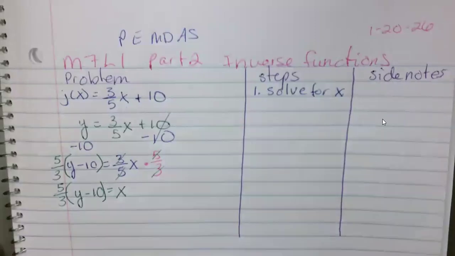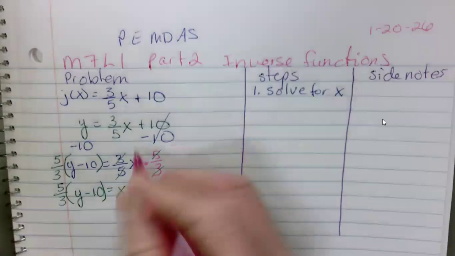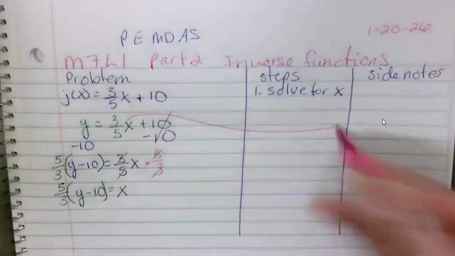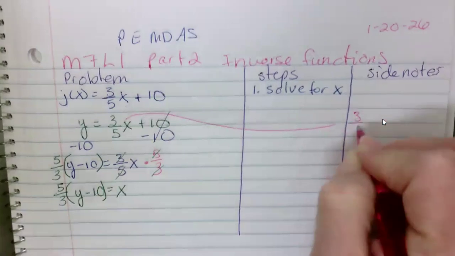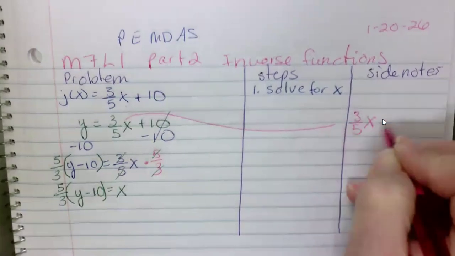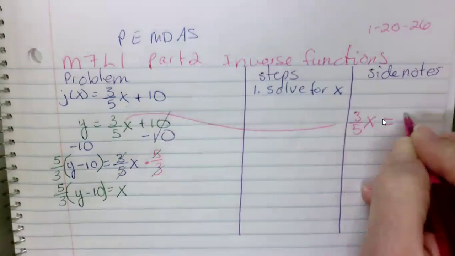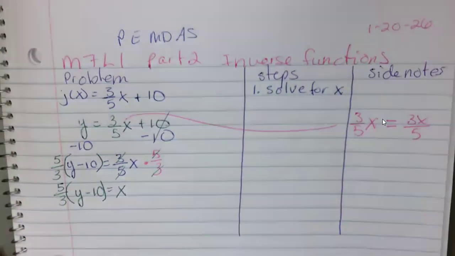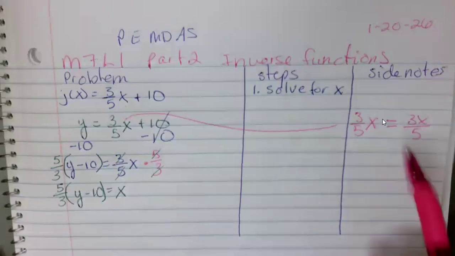So here's one of those side notes. Let's take it from here. Side note is that 3/5 x is exactly the same as 3x/5. Just two ways to write it. They are both equal.